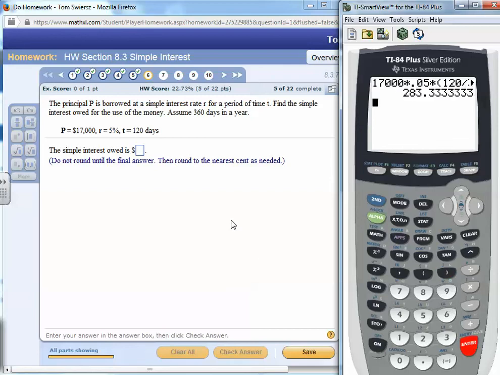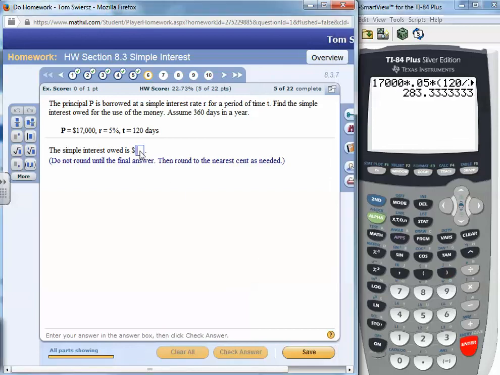And that gives us a total of $283.33. If we round to the nearest cent, that's 2 decimal places. So the third decimal is a 3, so we'd keep it a 3. So 283.33 would be rounded to the nearest cent, or 2 decimal places.